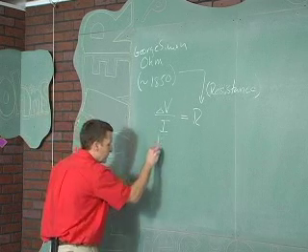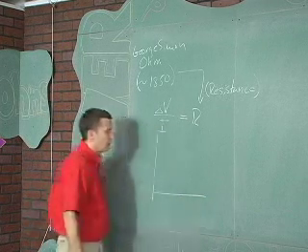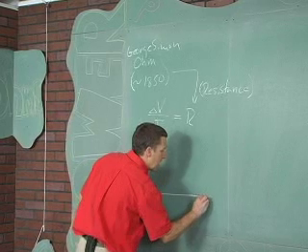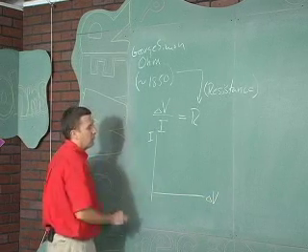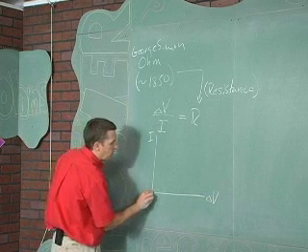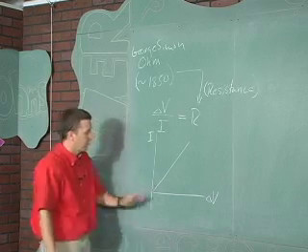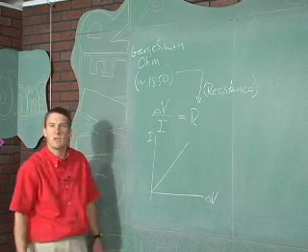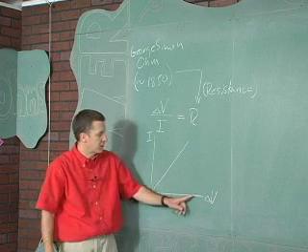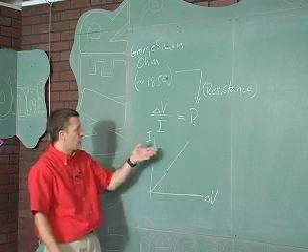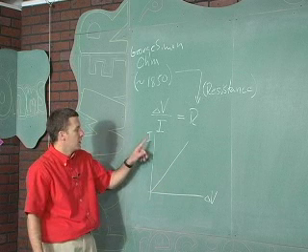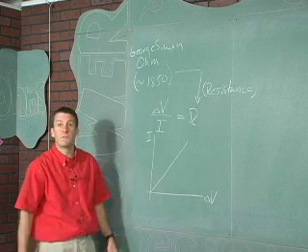Now what he learned was this. He took a bunch of materials and plotted the potential difference against the current. What he recognized was that he developed a linear function that looked like this. As the potential difference increased, a corresponding directly proportional change in the current was reflected.